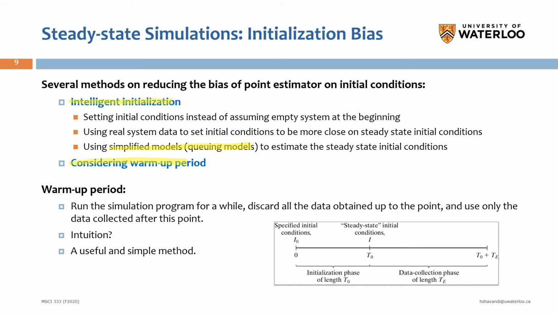So as you see here, we have a warm-up period up to T0. So we discard all the results up to this point, and after T0 the data are collected and the result will be calculated based on these data after T0. So this is called the warm-up period method.